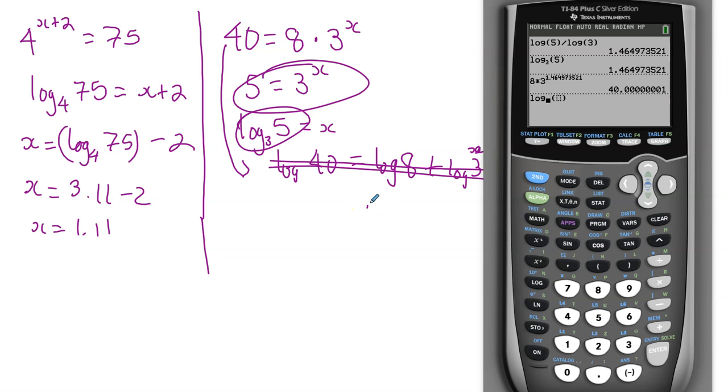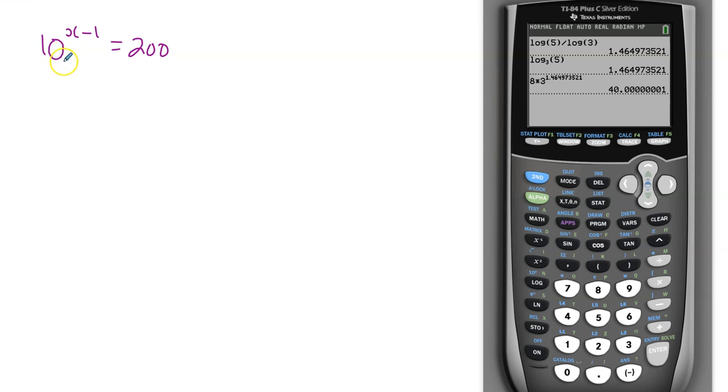Okay, let's set up another one. All right, let's try this one more. So, we could take the log of both sides, move that out front, but we're not going to, right? We're just going to write it as the log of the base. Now it's base 10, so I don't need to put anything there. The value is 200. And we end up with, remember, a log is an exponent, and the exponent is x minus 1.